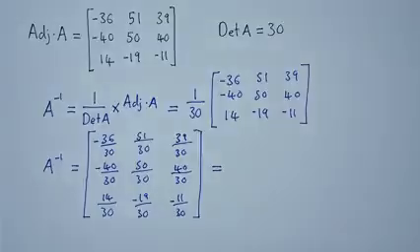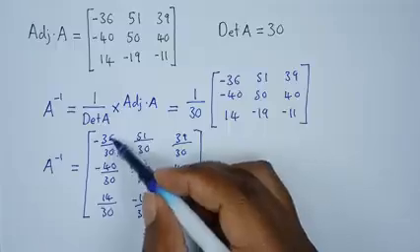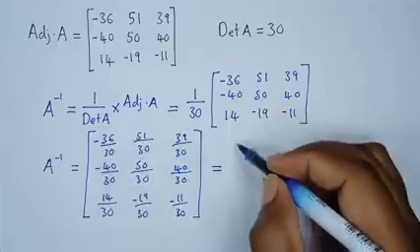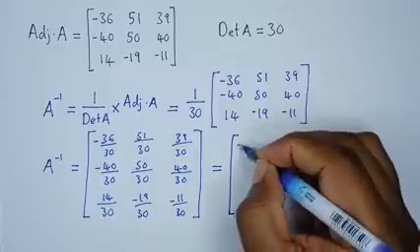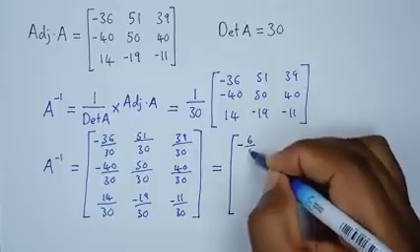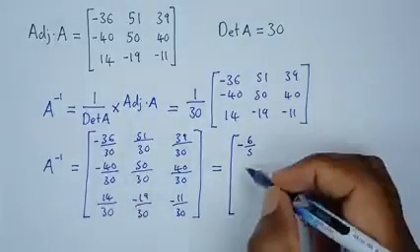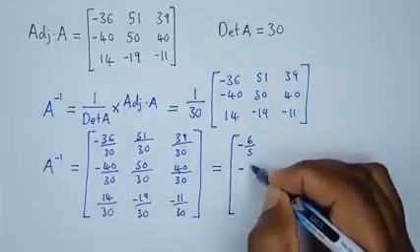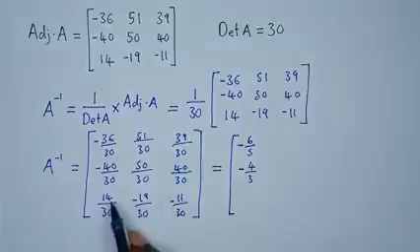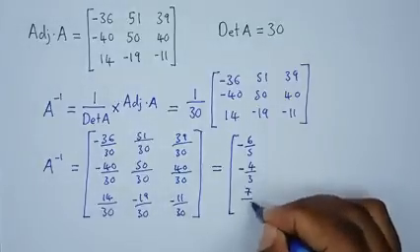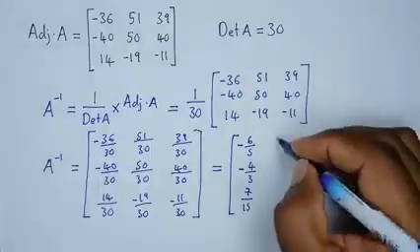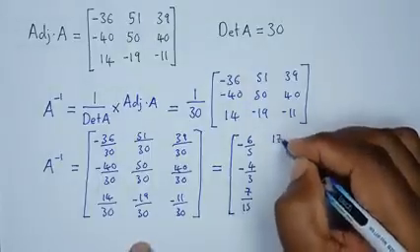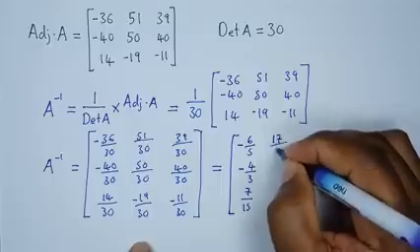With this, we can reduce where we can. For example, we know that 6 can go into 36 and 30, so our final answer will look like this. 6 into 36 is 6, 6 into 30 is 5, so 6 over 5. 10 into 40 is 4, into 30 is 3, so negative 4 over 3. Here, dividing by 2, that will be 7 over 15. Here we have 51 and 30, so 3 into 51 is 17, 3 into 30 is 10.